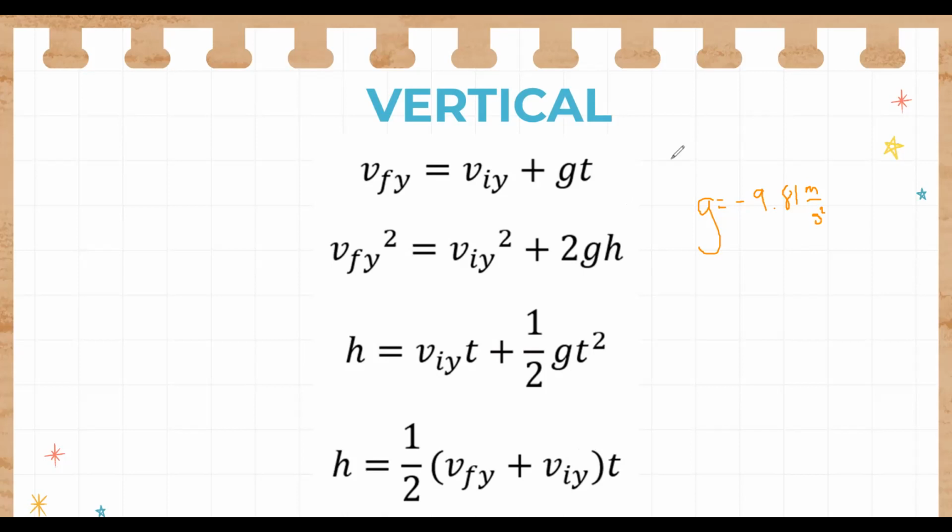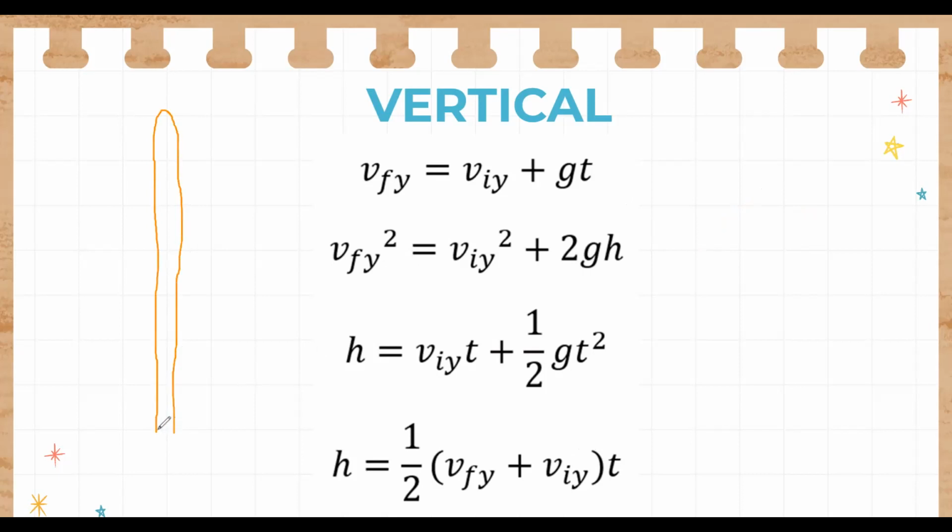All right, now in vertical motion, we can have two different types as well. We can have a vertical launch and a free fall. In vertical launch, that is basically when, for example, I throw something up in the air and it comes straight back to the same position.